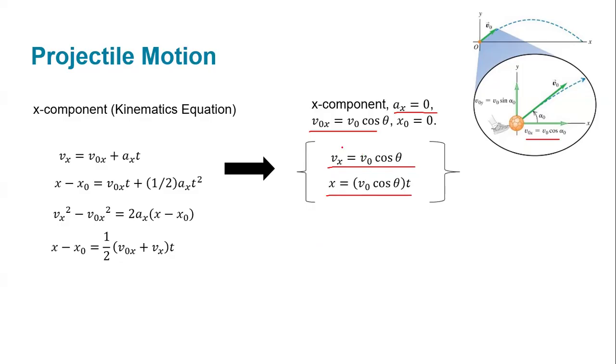You can see here that the velocity vx is no longer a function of time. That's why the velocity is constant along x.